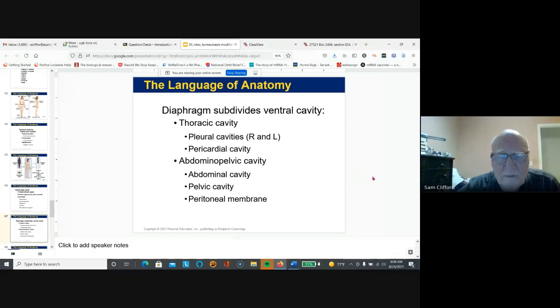The diaphragm divides the ventral cavity into thoracic and abdominal. So the lungs and the heart are in the thoracic cavity, the stomach, pelvic area, and the membrane surrounding the entire abdominal pelvic cavity with the thoracic.